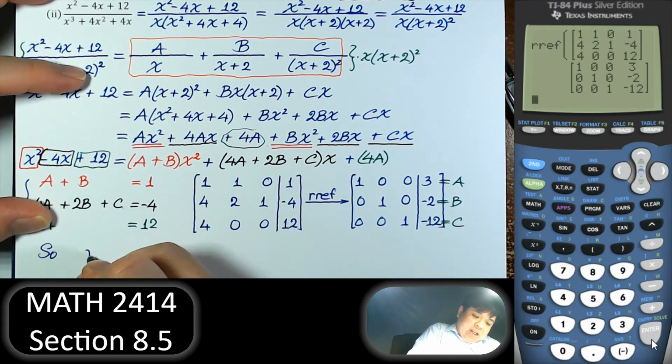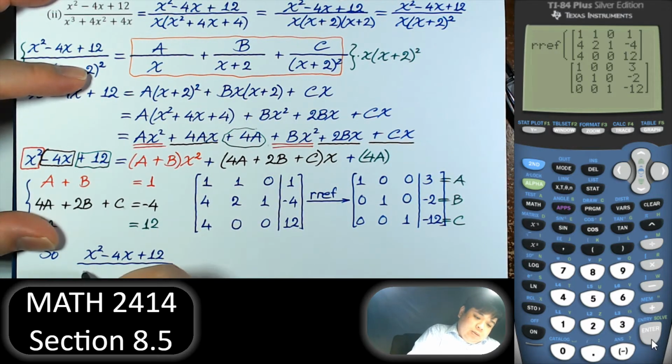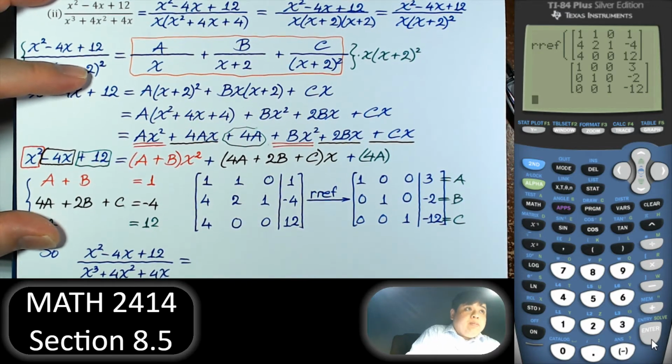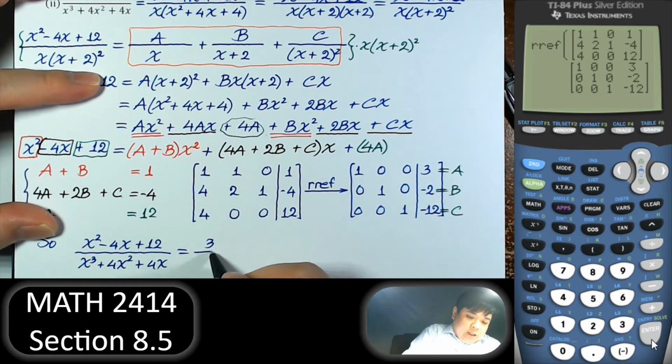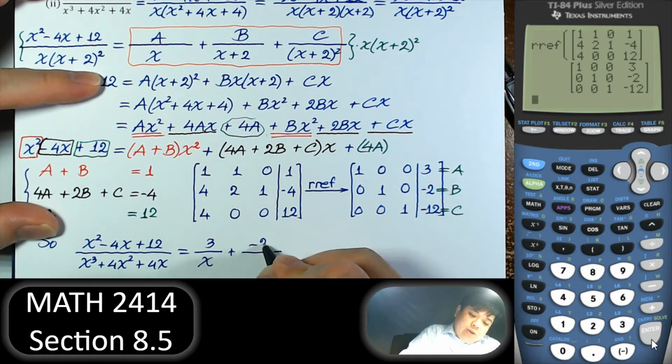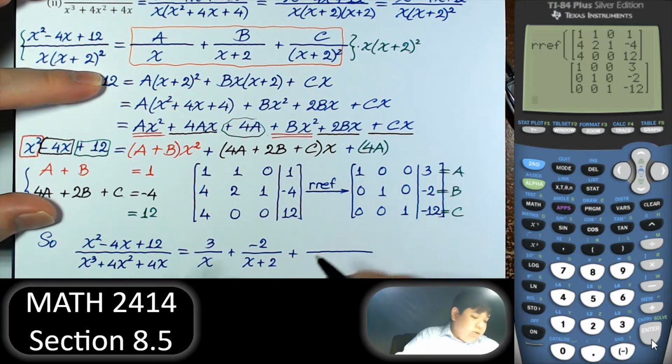So from the beginning, A is equal to 3, B is negative 2, and C is negative 12.